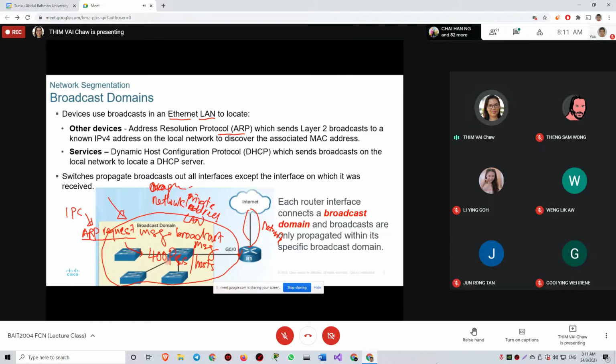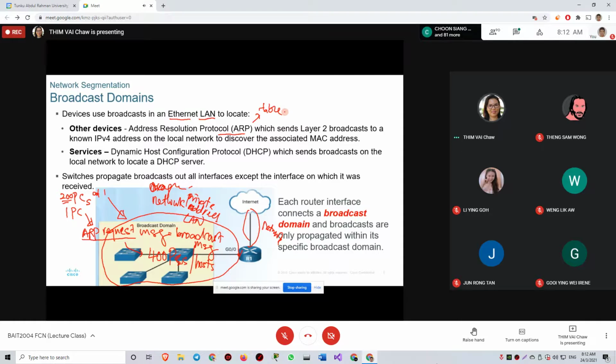So imagine only one PC sends out the ARP request message to all 400 PCs. That still seems able to work. But if you have 200 PCs turned on at the same time, remember I mentioned that the entries in the ARP table, the IP addresses with the MAC addresses, are not kept permanently. It's just temporary.